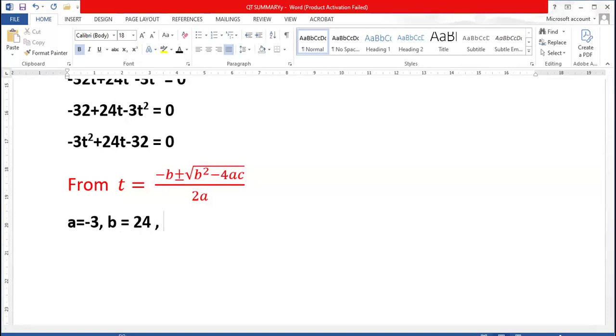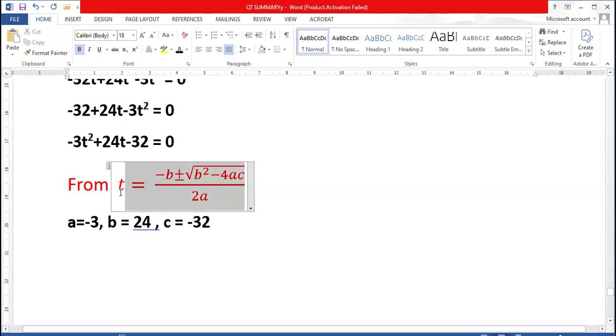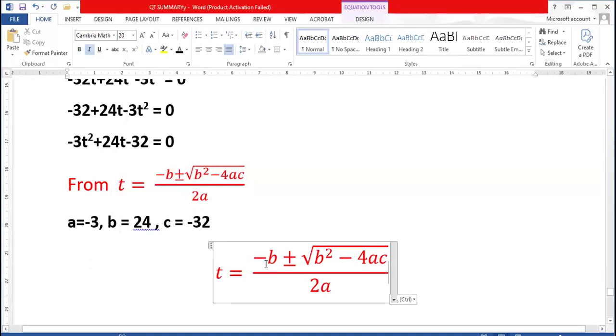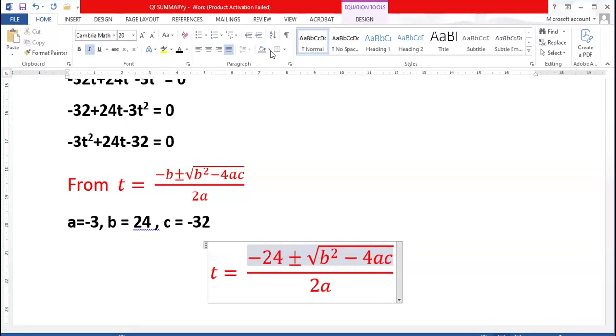Then your c is negative 32. So substitute in your formula. Those who were asking, are you seeing your b? In the formula we have negative b, which is negative 24 now. It is not like negative, negative.